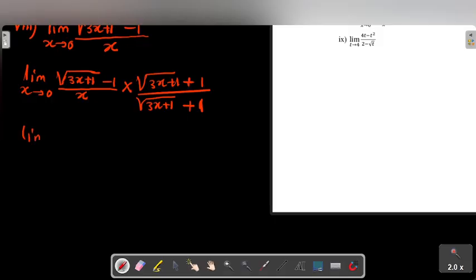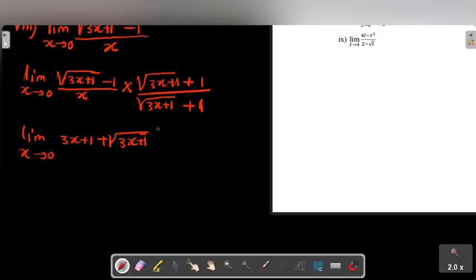So now you have the limit as x approaches 0. Now you multiply root of 3x plus 1 times root of 3x plus 1. It will be just 3x plus 1 there. Then root of 3x plus 1 times 1, it will be positive root of 3x plus 1.